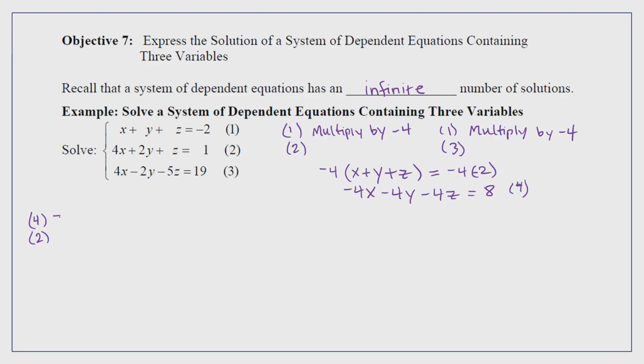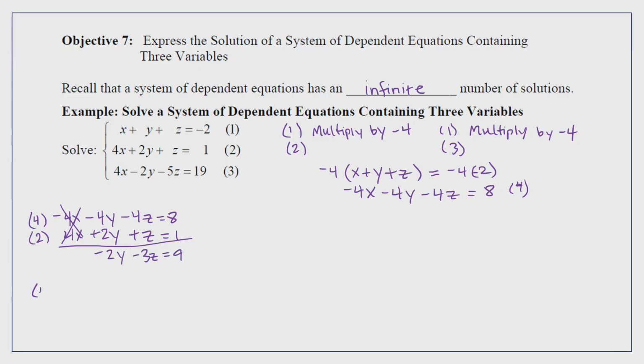So 4 and 2. So that's -4x minus 4y minus 4z equals 8. And then 4x plus 2y plus z equals 1. X terms cancel. Then I have -2y minus 3z equals 9.